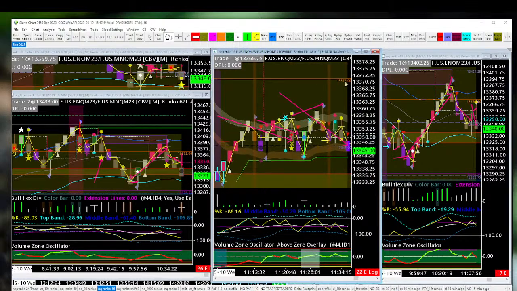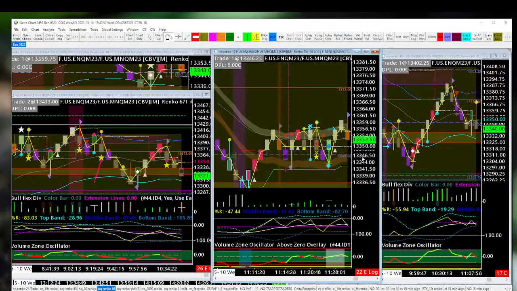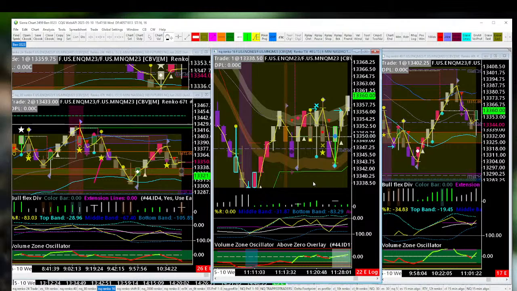Now, take a look. Was there divergence? Let's take a close look and see. Okay, so this low is lower than that low, right? So higher low on price, lower low on the indicator.